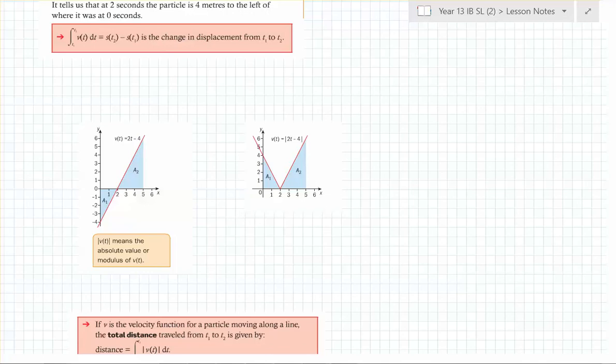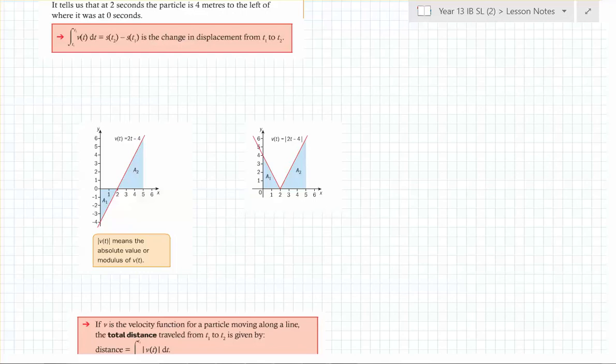Alright, now here's the thing. This graph, the first one, if you integrate and find the area under that curve, what value will you get? So the x-axis is the time axis, so 0 to 5 seconds. Why is the curve under the x-axis to start with?